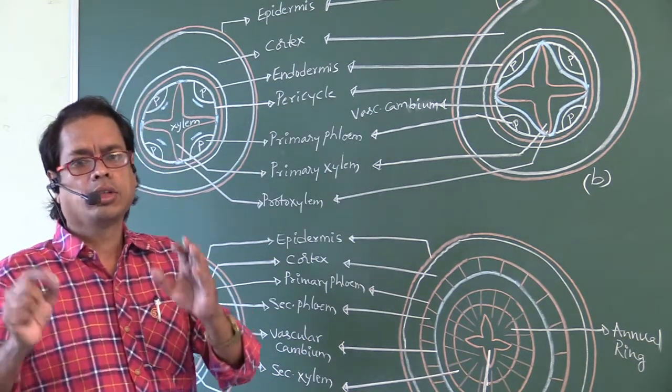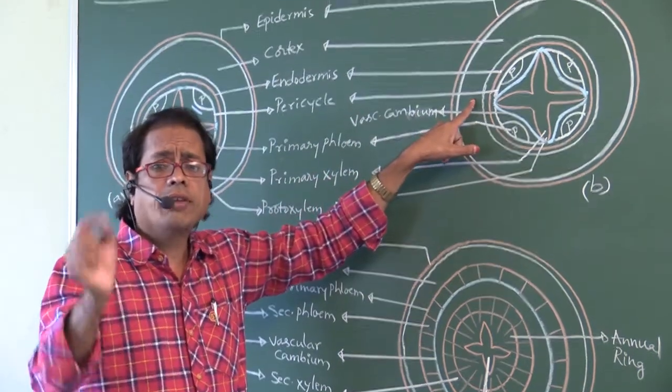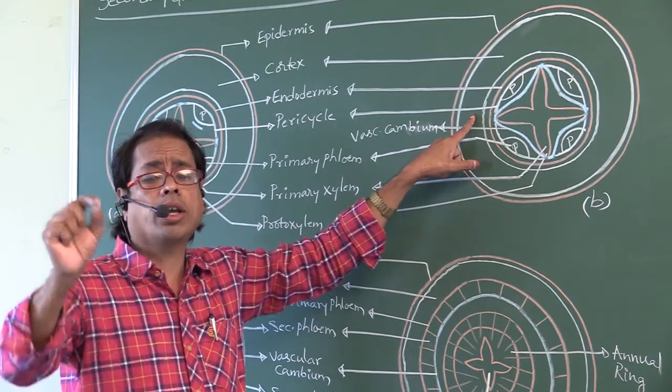Understand? Next, cork cambium is formed from the same pericycle, the pericycle of dicot root. The pericycle in dicot root helps in the formation of vascular cambium initially, and later on cork cambium also. Later on, this same pericycle is helpful in the formation of cork cambium.